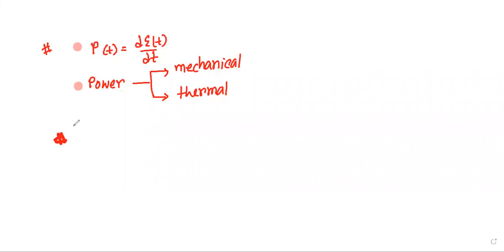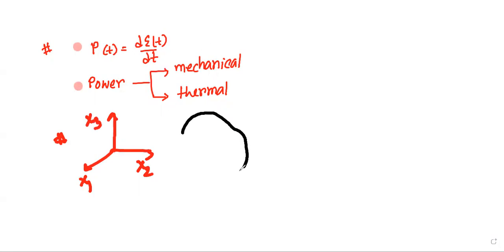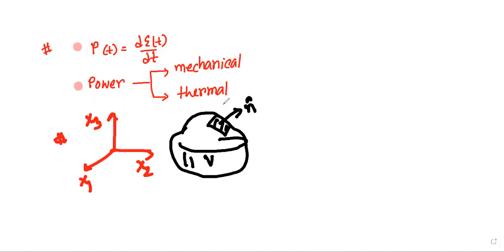The power of the continuous body: if we have axes x1, x2, and x3, and this is the body B, and we consider a patch of area, this is the unit normal acting in the direction, and this is the traction field. And another field inside the body is b.